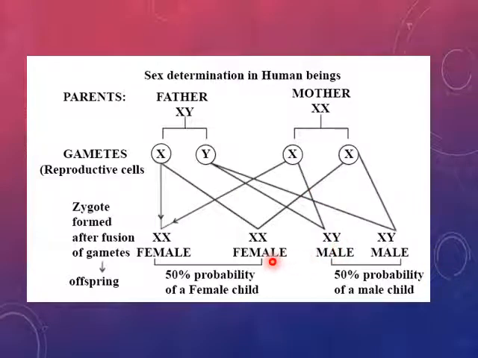So there is a 50% probability of a female child and a 50% probability of a male child after the fusion of the gametes, whether it is an X male gamete or a Y male gamete. The resultant offspring depends on whether it will be female or male, hence the male is responsible for the sex determination in the case of human beings.